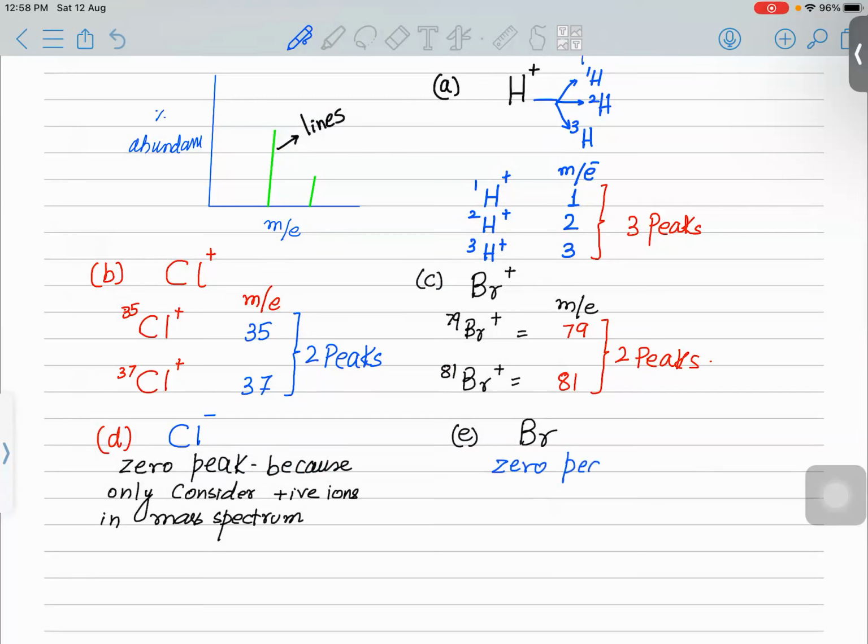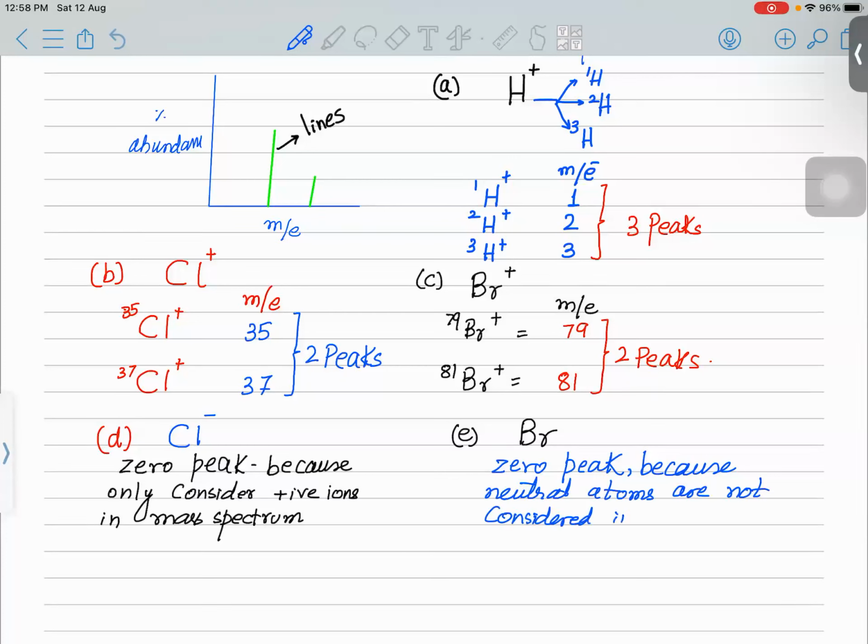Very important with respect to paper 1. 0 peaks because neutral atoms are not considered in mass spectrum.